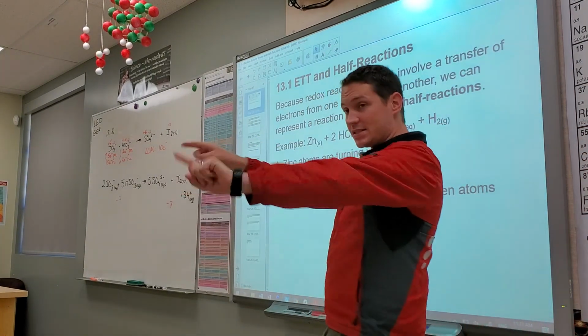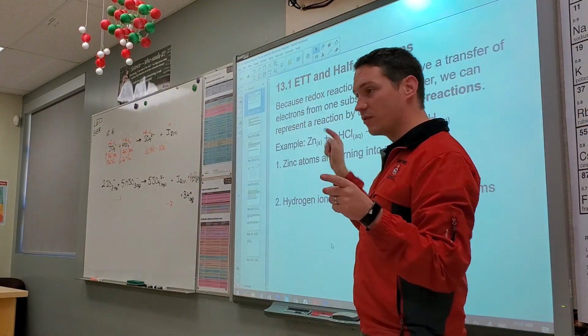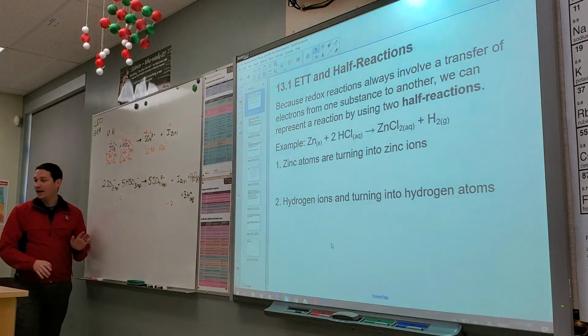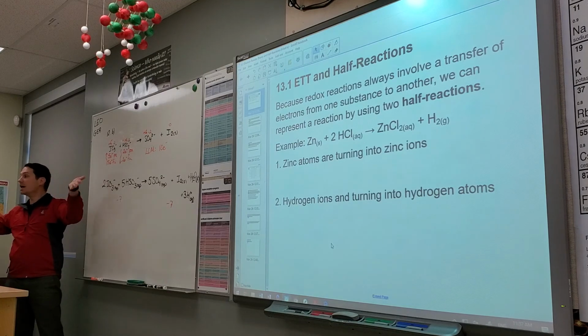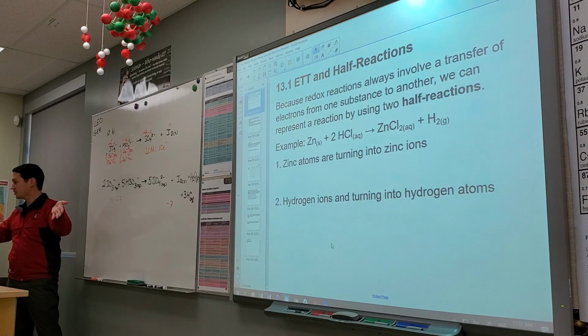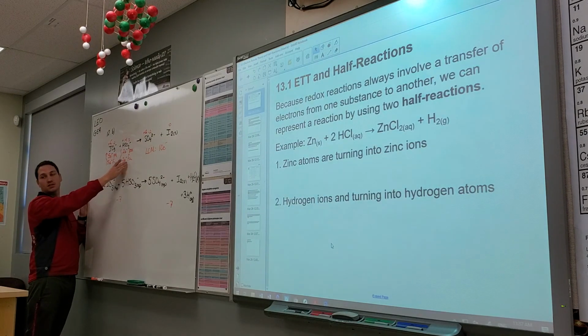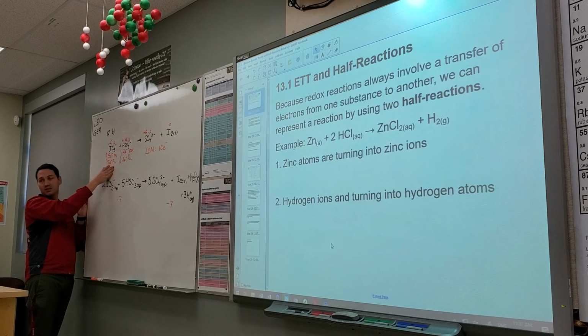Because redox reactions always involve a transfer of electrons from one thing to another, do you agree that whenever something loses electrons, something else must be gaining those electrons? Do you agree? Yes. And the total number of electrons lost must equal the total number of electrons gained.